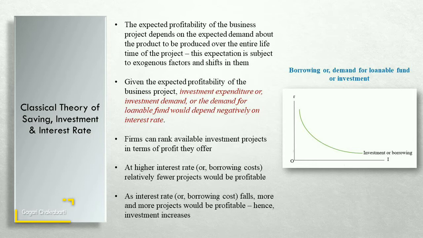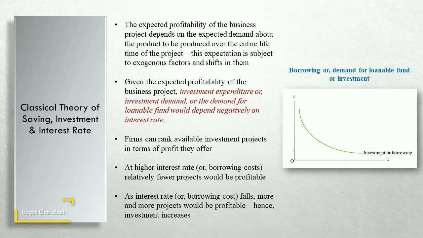We can explain this as follows. The firms can rank the different available investment projects in terms of the profit that these investment projects offer. The interest rate will appear as a borrowing cost from the point of view of the firm. So at the higher interest rate, the borrowing costs will be higher, so that relatively fewer projects would be profitable.